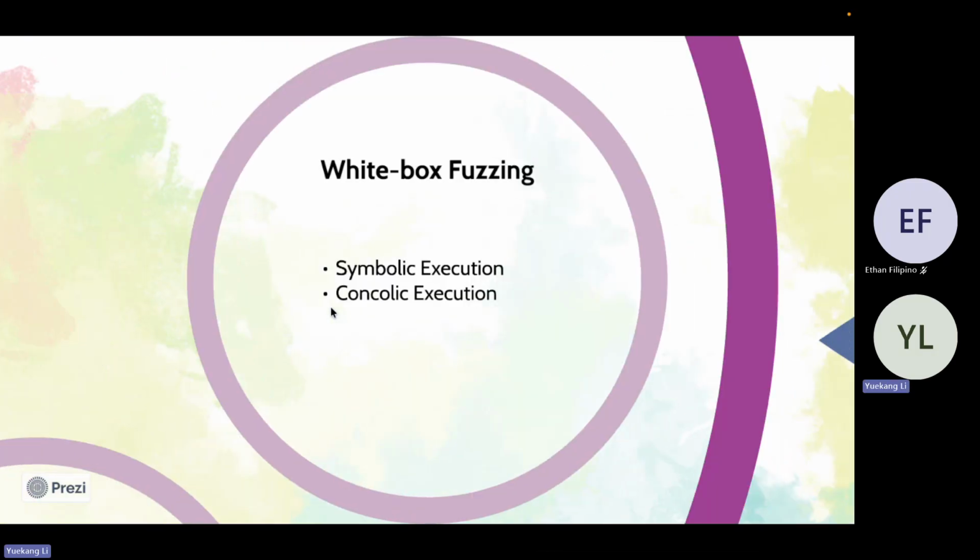And then we also learned about white box fuzzing, which is normally known as symbolic execution. Because symbolic execution suffers from the path explosion issue, in practice we sometimes do concolic execution to combine concrete execution and symbolic execution together.